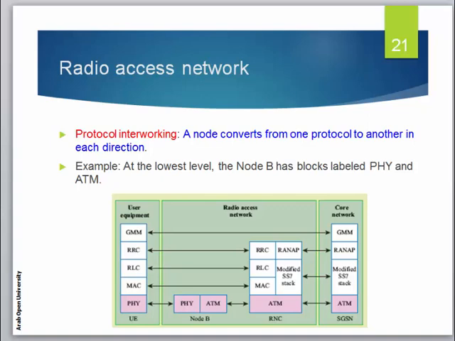So Node B is responsible for converting in both directions between the PHY protocol and the ATM protocol. The ATM protocol is used to transport user traffic and signaling messages across the fixed part of the network from the Node B to the SGSN node via the RNC node.